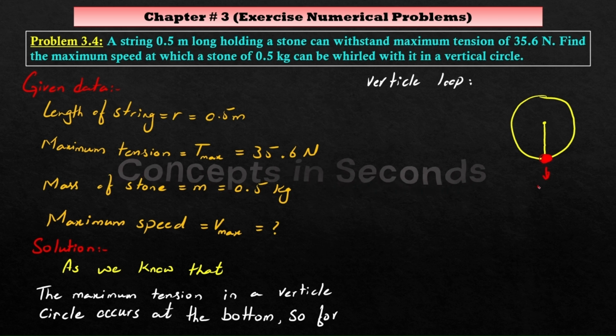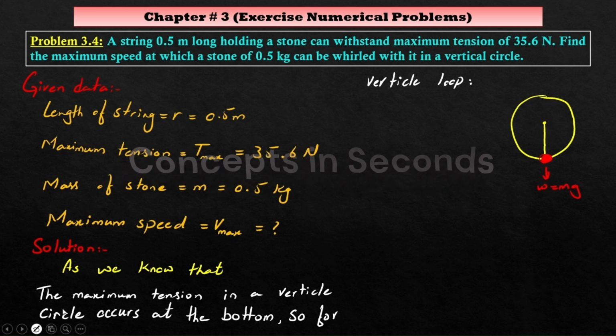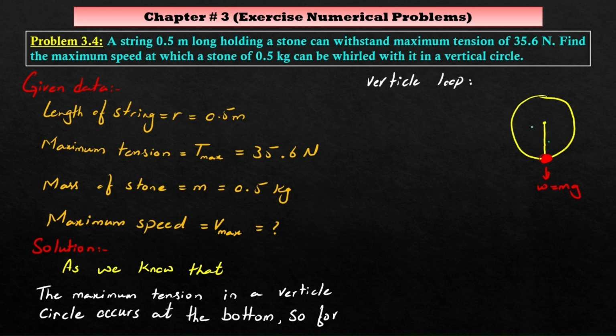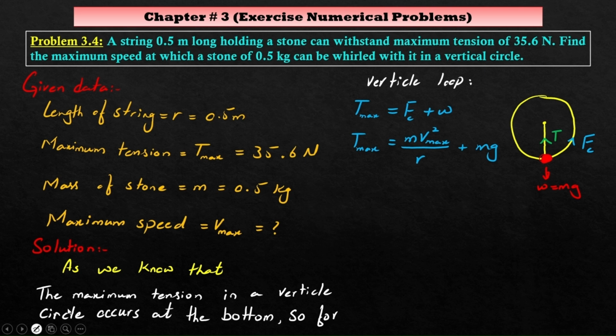Its weight is downward, which is equal to mg, and tension is upward. Also the stone is wheeled in a circle, so the centripetal force Fc is acting on it. So maximum tension is equal to centripetal force plus weight. The formula of centripetal force is mv square over r. We use V maximum and the weight is mg. Solve it for V maximum.